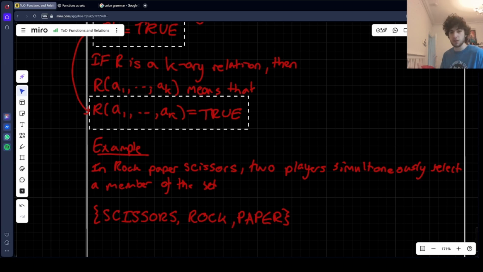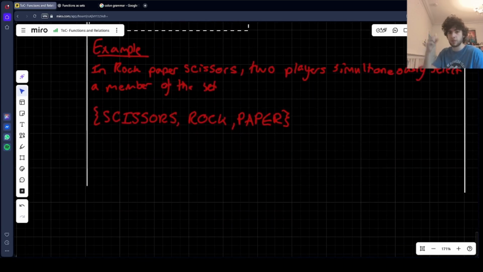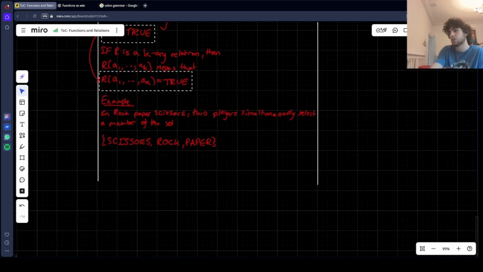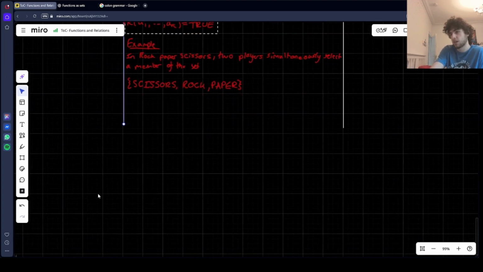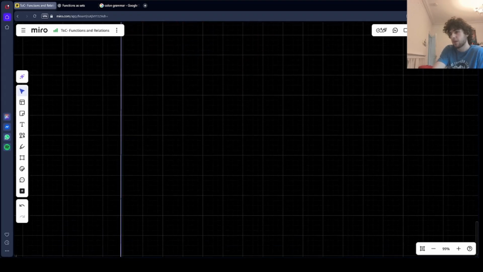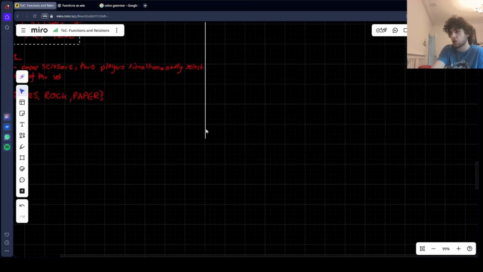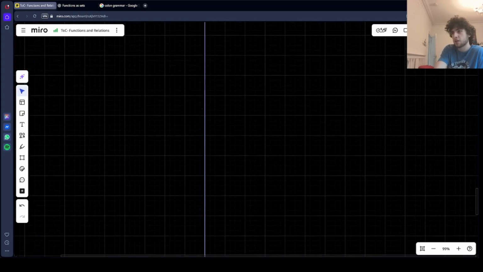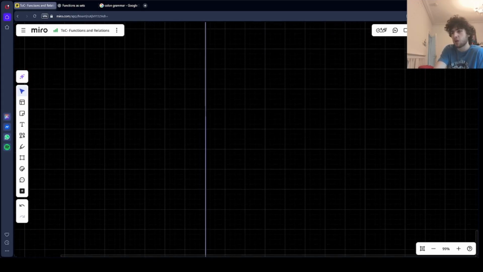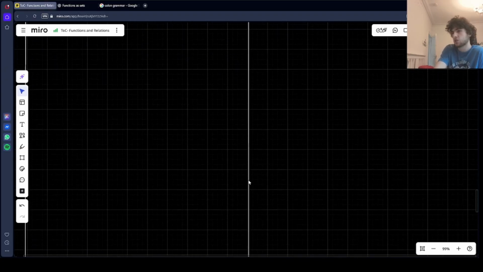So at the very start of the game, or at least before you go rock, paper, scissors, shoot, you have to decide which of these elements you want to pick. Then, based on that decision, we use a relation to determine who's won, because you need a way of deciding who won the game, and you can use a relation to do that.